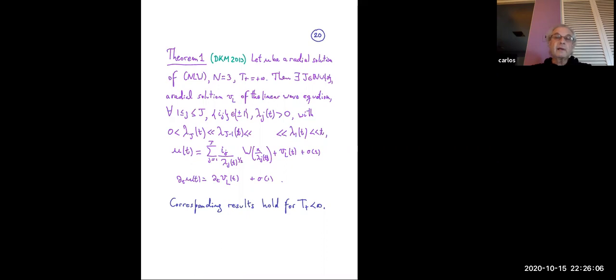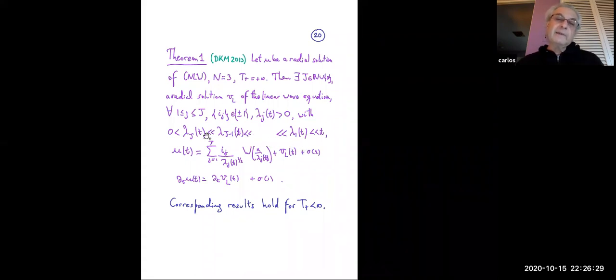Then there is a number J and a radial solution of the linear wave equation, the radiation term, and signs iota j, which are either plus or minus 1, scaling parameters lambda sub j, and we can order the scaling parameters like this.